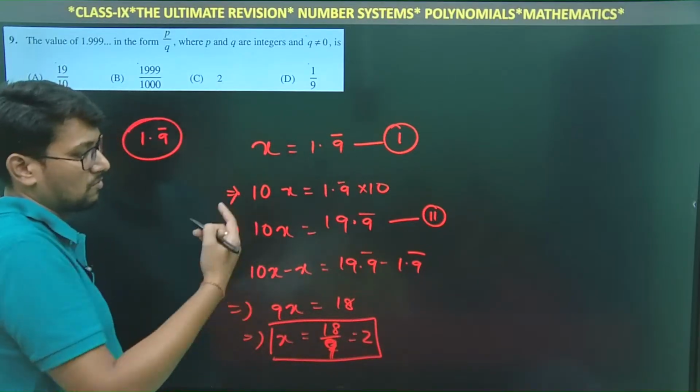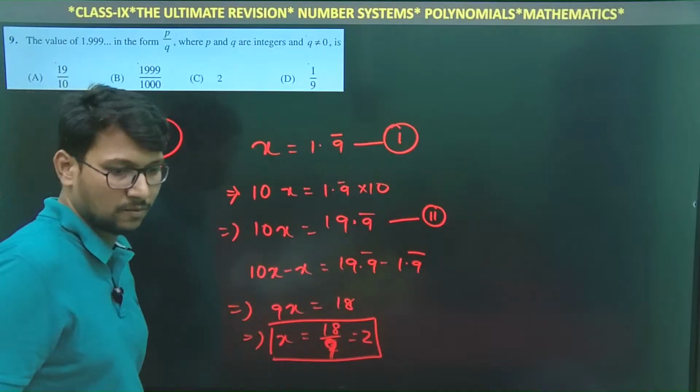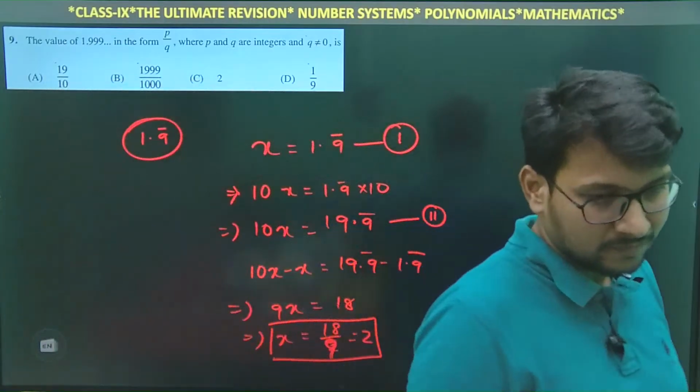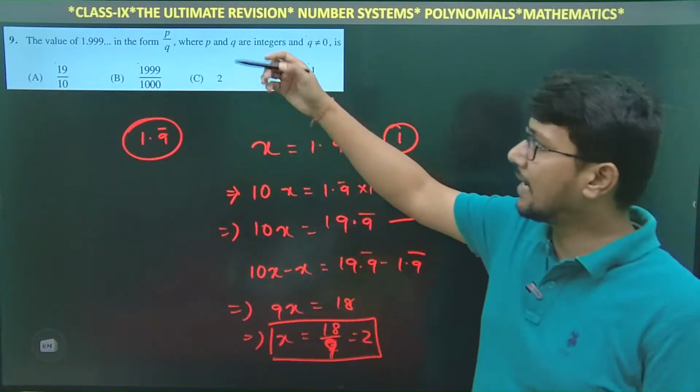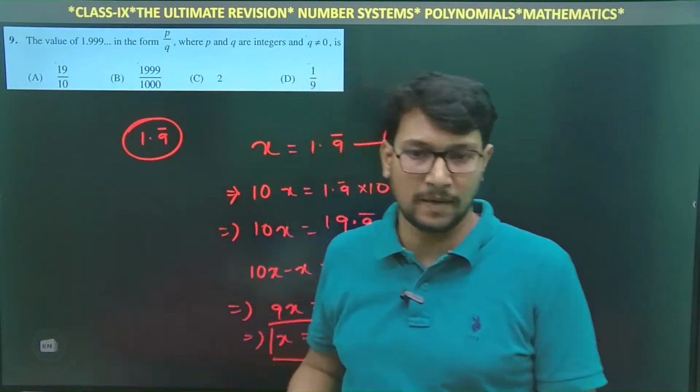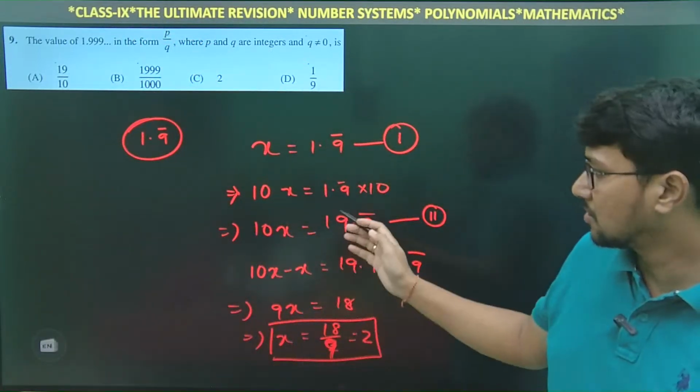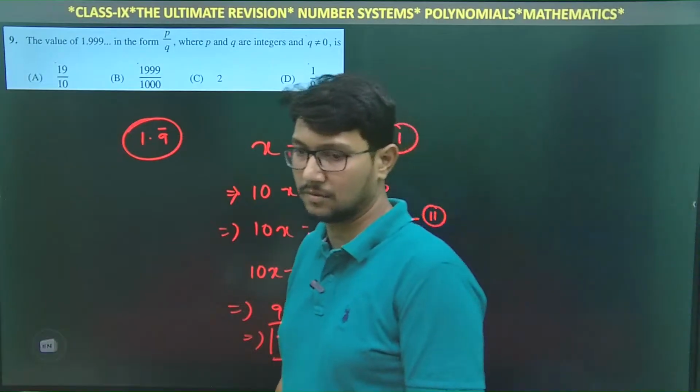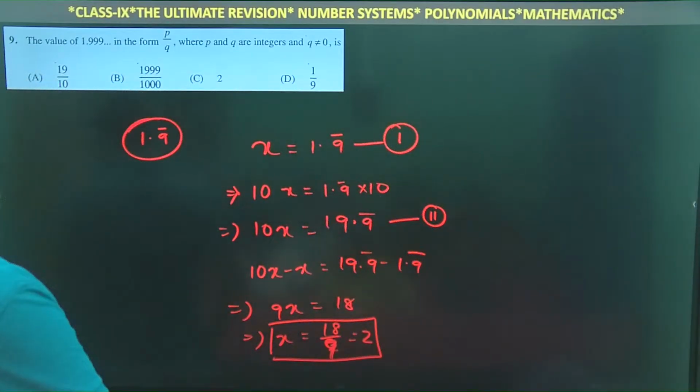So solve for it. Right? Solve this, everyone, immediately. So this means how to express a recurring decimal in p by q form, right? Here, solve this one. Chalo, right?